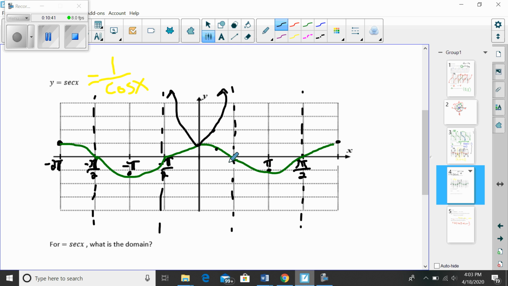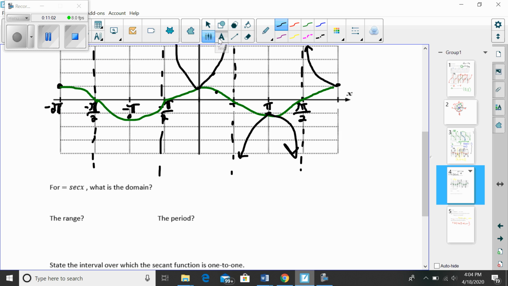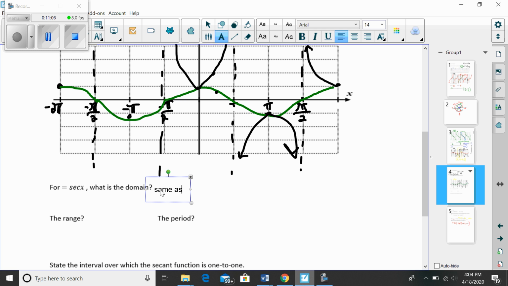Anywhere that I'm close to 0, I'm dividing by something really close to 0, which gets me a really large value. And my domain is the same as tangent. Same as the answer for tangent.